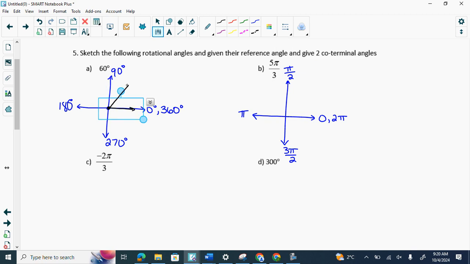Initial, terminal, 60 degrees. All right, 5 pi over 3. What is that? This is the same as 300 degrees. Can 300 degrees appear anywhere on here?